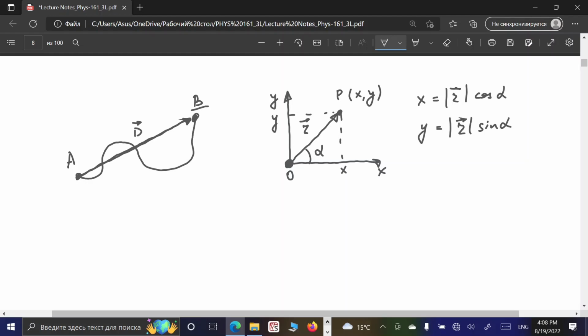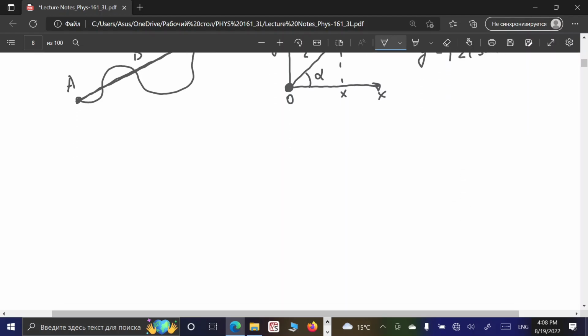Okay, so with this, we can proceed towards some vectors. And here, let us consider two vectors, vector A and some vector B. What is nice about vectors, we can also add and subtract them from each other, and we need to do it quite often.